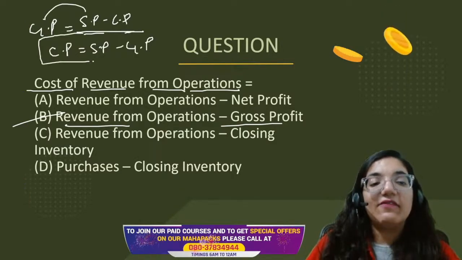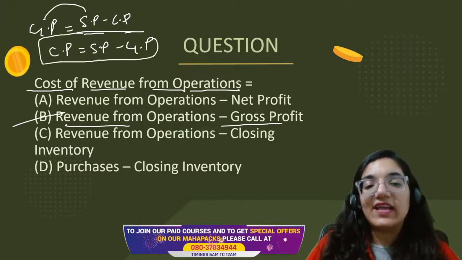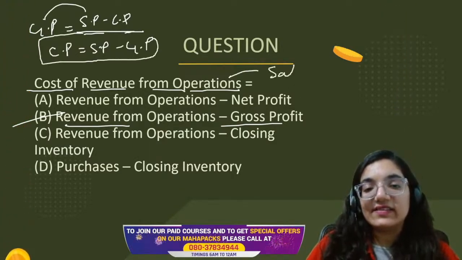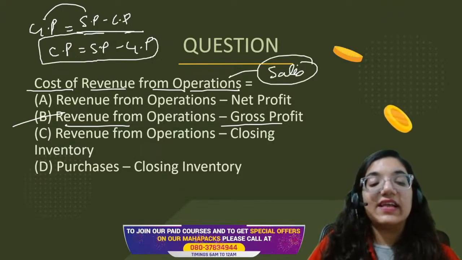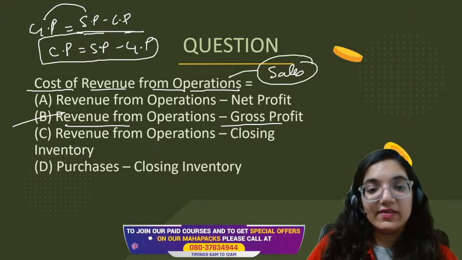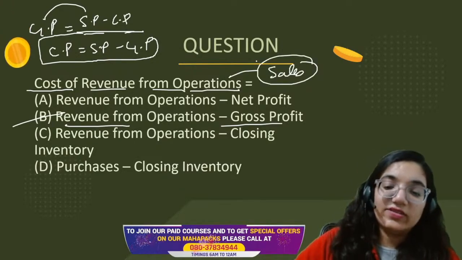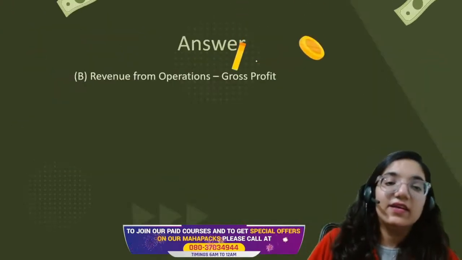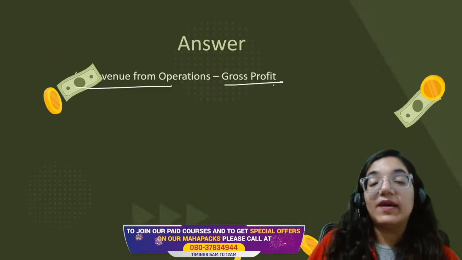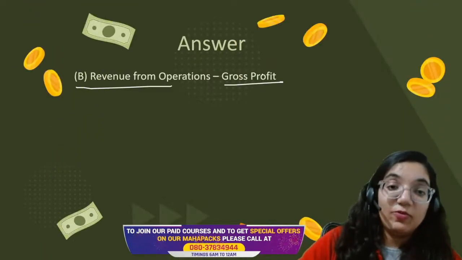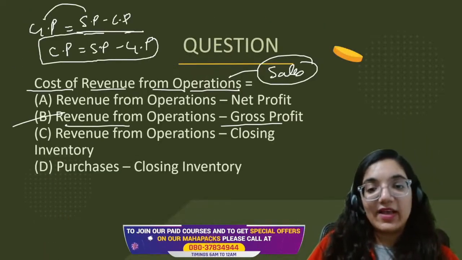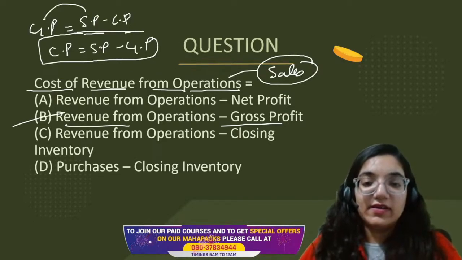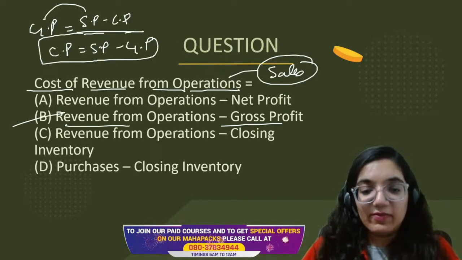So here revenue from operations is specified as sales. This is the net sales of the organization, everyone. Okay? So in this case, the correct answer would be revenue from operations minus GP. I hope you have got the answer, everyone. Please keep an eye on it. Please check it out. And this is it for the day, everyone.